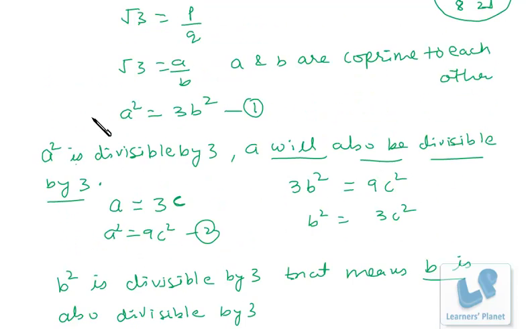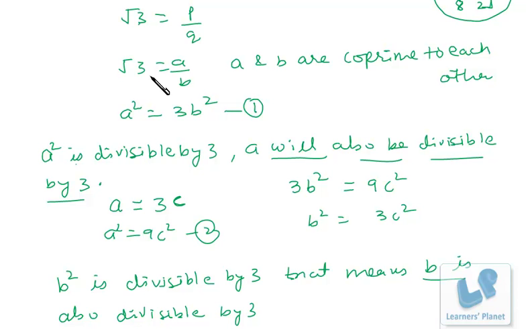And here what we have done, a and b are co-prime to each other. Now if a is a multiple of 3 and b is also a multiple of 3, that means a and b cannot be co-prime to each other because they have a common factor 3, right? So a and b are not co-prime to each other.